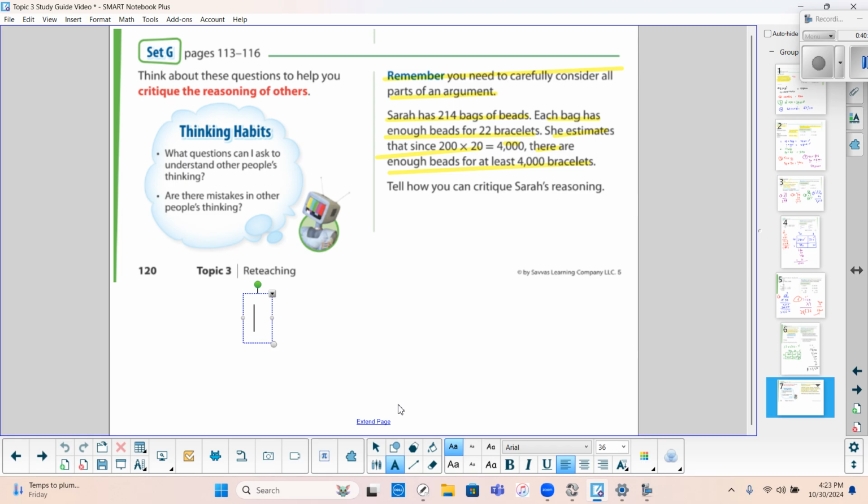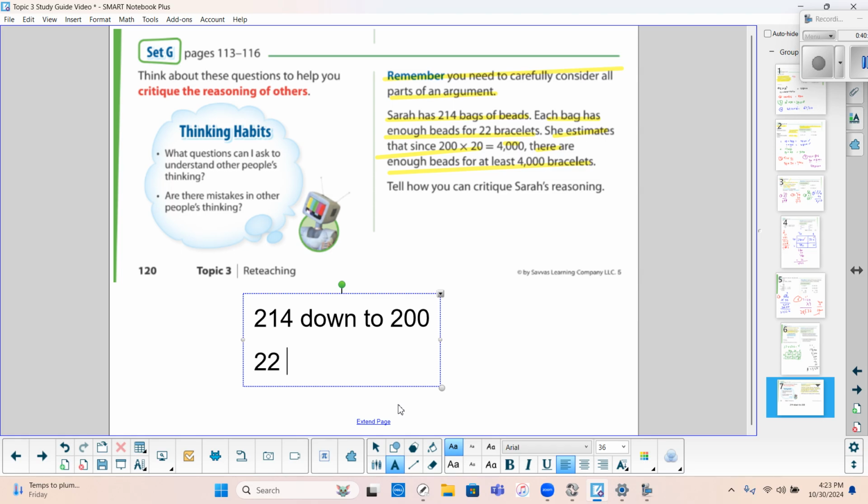So she went from 214 down to 200, and she went for each bag has 22 bracelets down to 20.